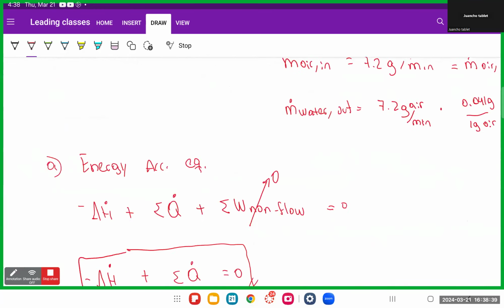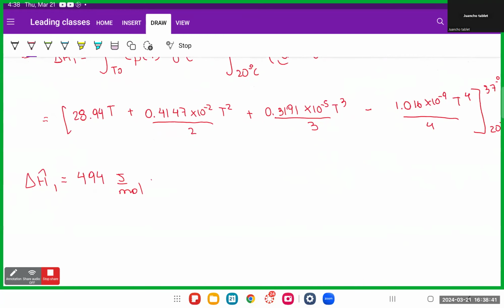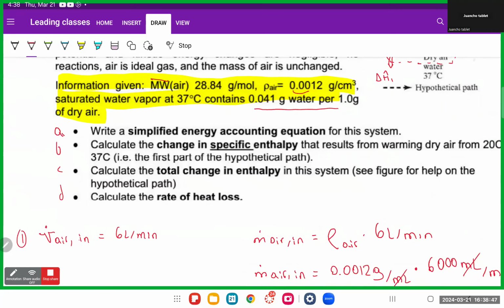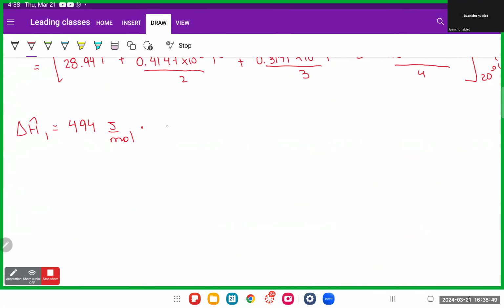So here we're going to multiply by 28.84, oh no, sorry, divide, because it's 28.84 grams for each mole.